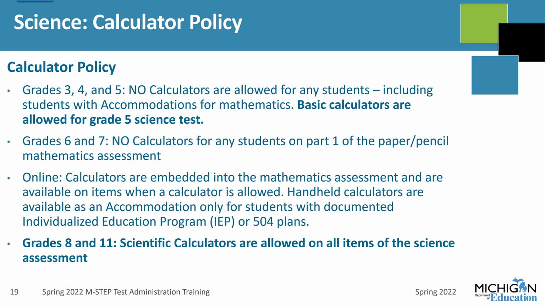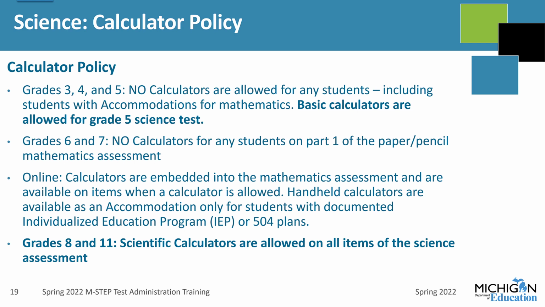The calculator policy as it relates to mathematics has not changed. No calculators are allowed for any students, even as an accommodation, for mathematics in grades 3 through 5. In grades 6 and 7 on the paper-pencil test, calculators are allowed only on Part 2 of the test, and for the online test, the calculator is embedded and available on items where calculators are allowed.